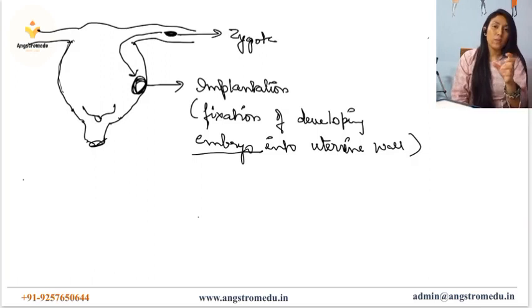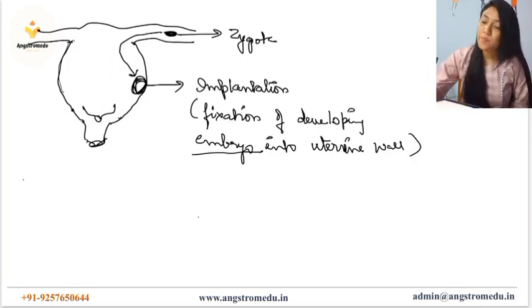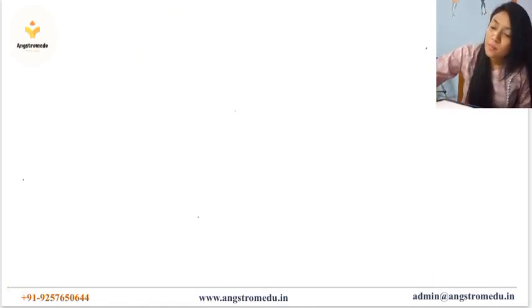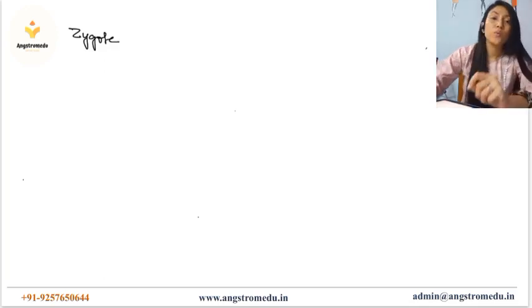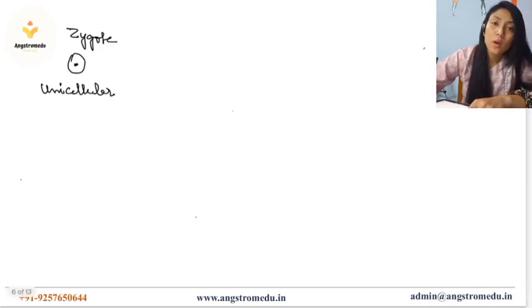Okay, and then this fetus goes for further development and forms a whole new organism. We'll see how. Now, we were talking about the zygote. Zygote is a unicellular structure. Unicellular means one-celled.